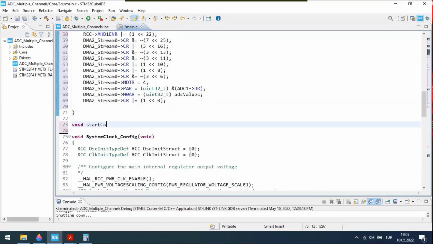All configurations are over. Now we have to start conversions.